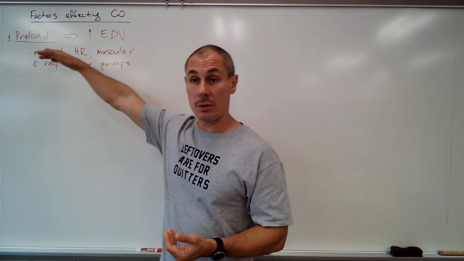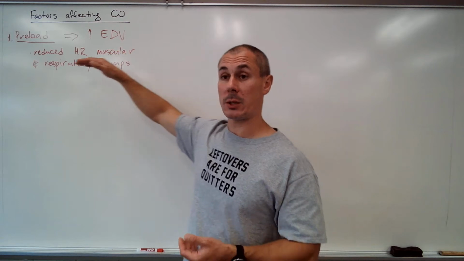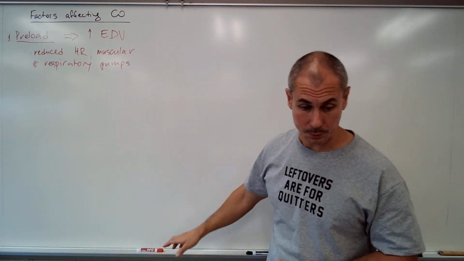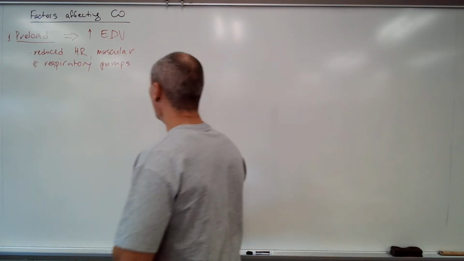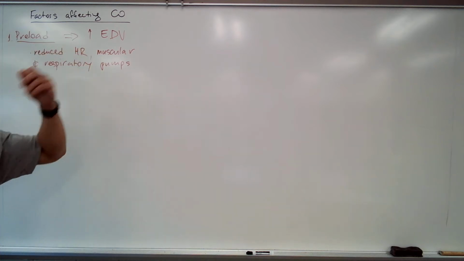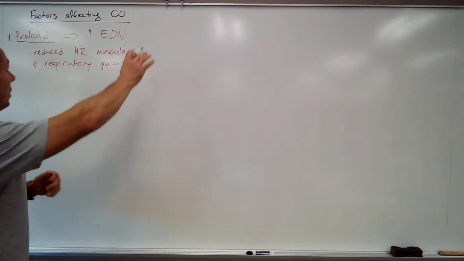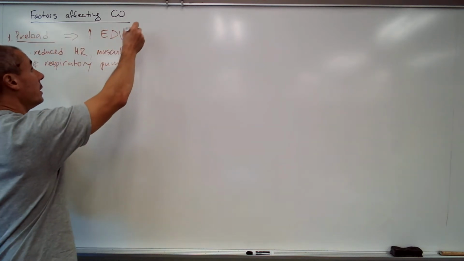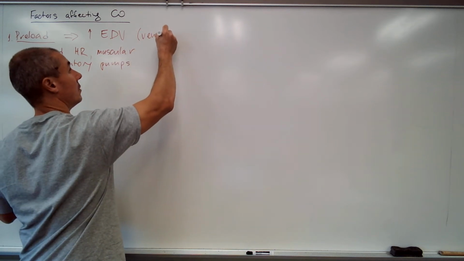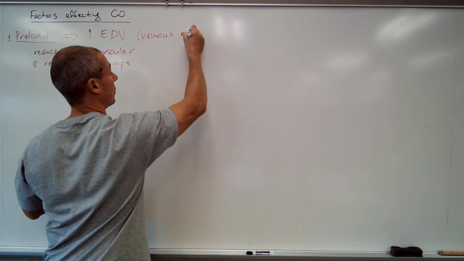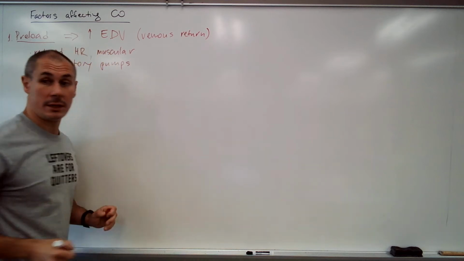And reduced heart rate, muscular and respiratory pumps, all of this results in increased end diastolic volume. Another term for this preload is venous return. Okay, does that make sense?